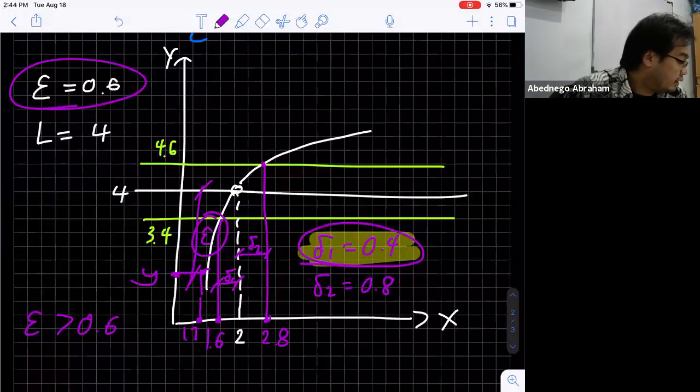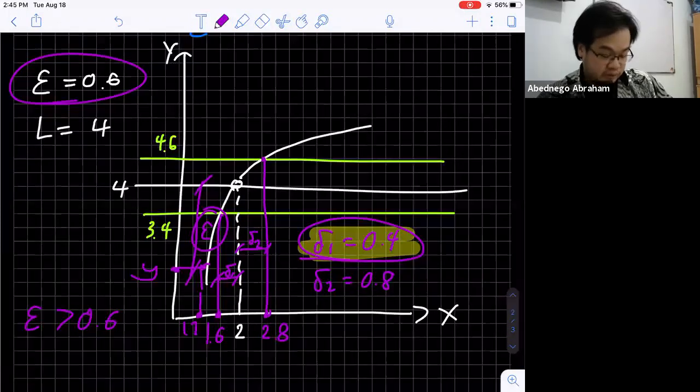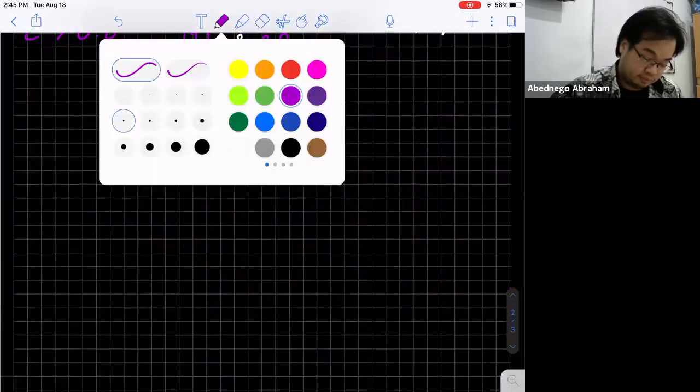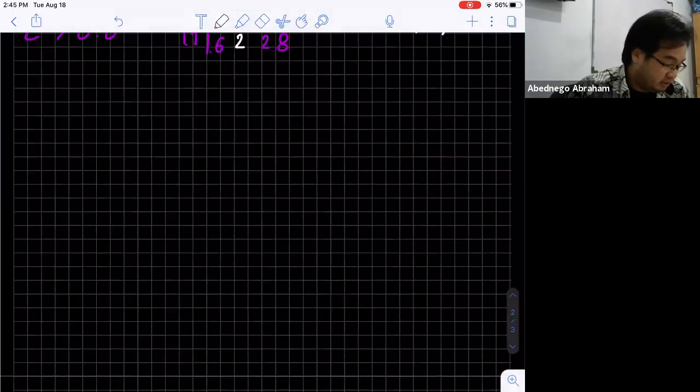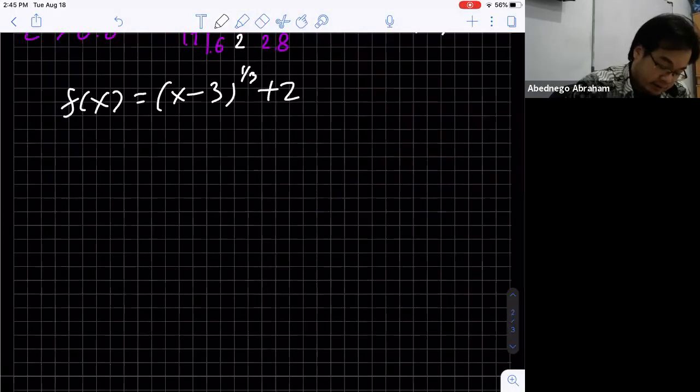And then I will do example 3. Okay. Of example 3, the equation is given, which is f(x) equals (x minus 3) to the power of 1 over 3 plus 2. And then it says that as x approaches 3, the f(x) is approaching 2.